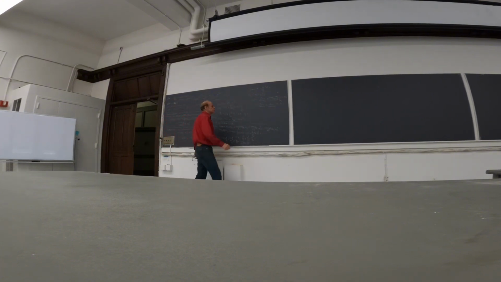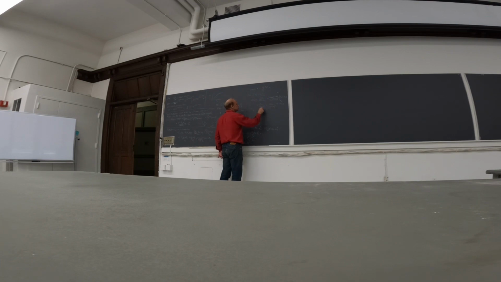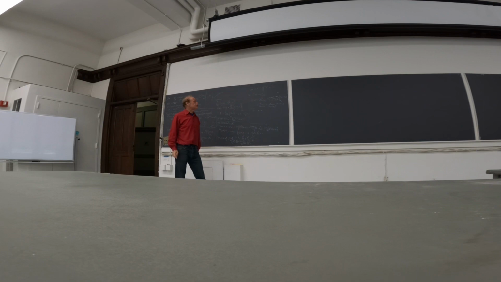plus higher order terms. So let's imagine if x0 was 0, then I have 0 plus 1 over 0 times x minus x0. So that's not a very interesting one.